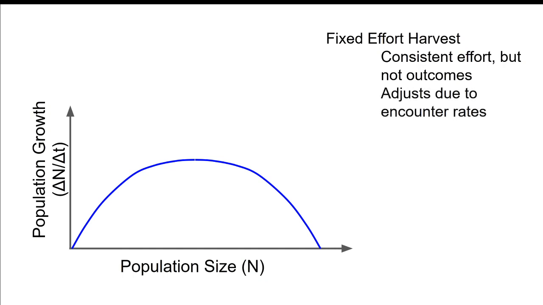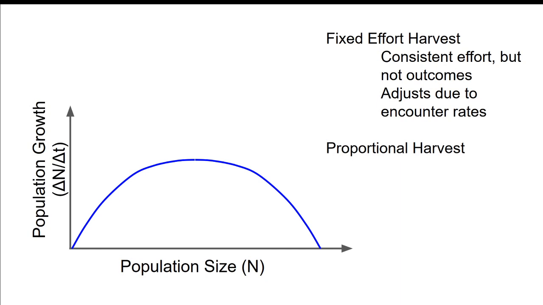So this should adjust to encounter rates, should adjust to the availability of individuals from that population. And so if you spend 10,000 people hours hunting a particular population, then we would expect that at a large population size, those hunters are going to bring in more individuals to the hunted population. And at a small population size, they're going to have less success.